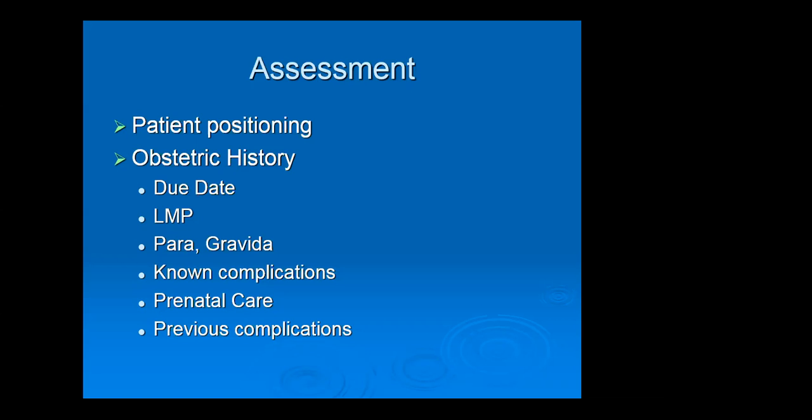In those that do not yet have that information because of an absence of prenatal care, you can get some idea of where you're at time frame wise by finding out what the last menstrual period was, their para and gravida: how many times they've been pregnant, and how many they have delivered. We all know from field EMS what that gives us.